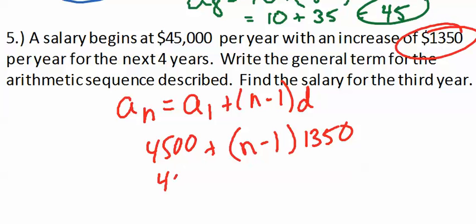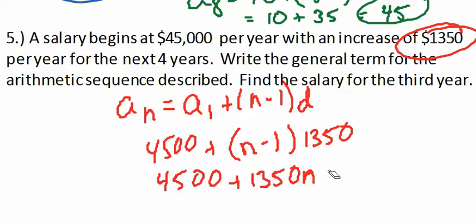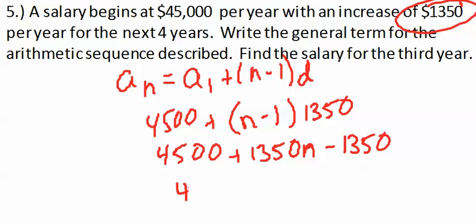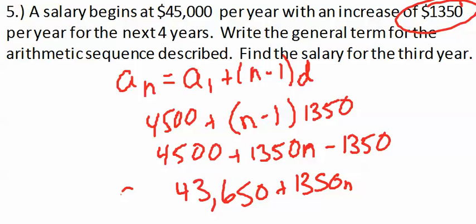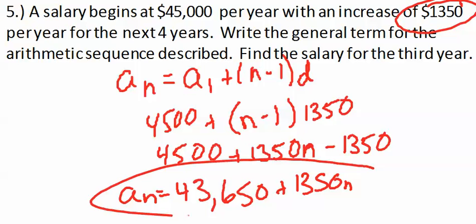If we distribute it, we'll get 45,000 plus 1350n minus 1350. And if we simplify that, that's going to give me $43,650 plus 1350n.